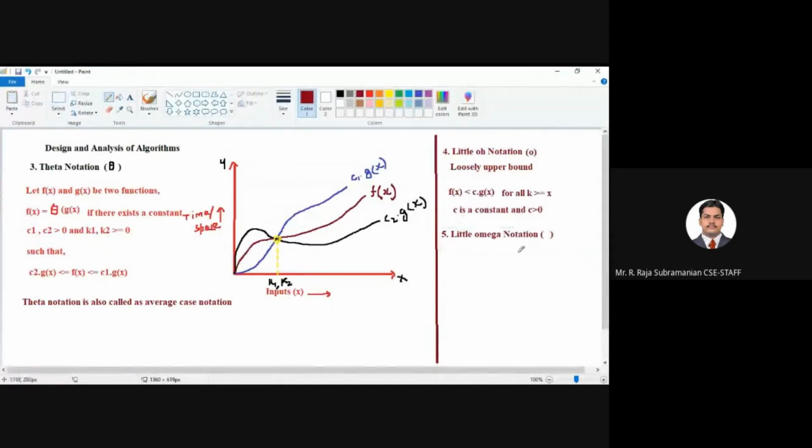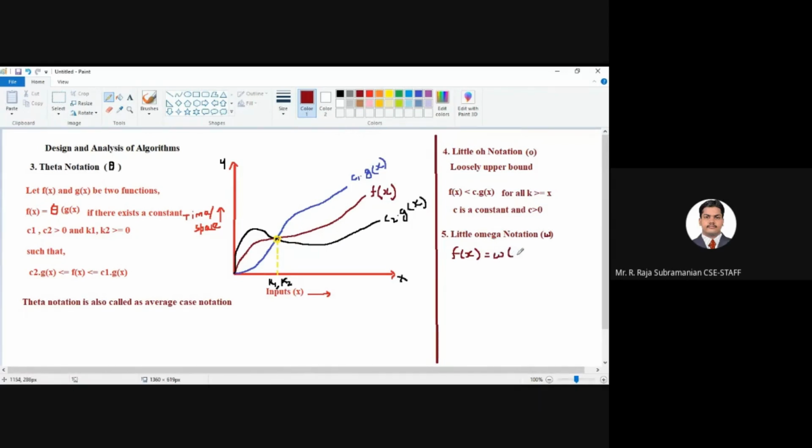Little omega is nothing but an omega notation drawn here. And here also I can write it like that: f of x is equal to small omega of g of x.